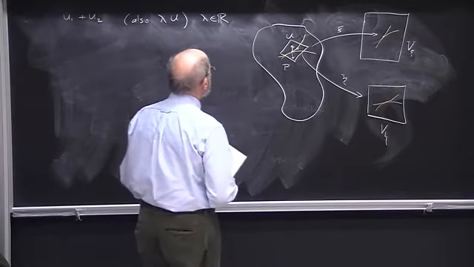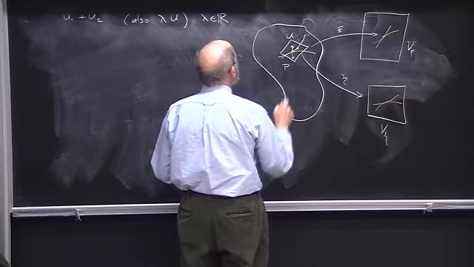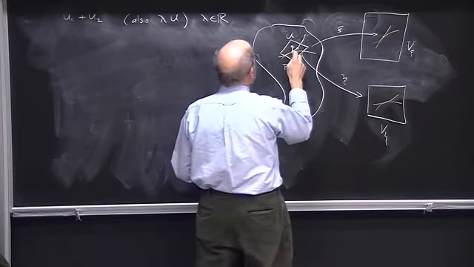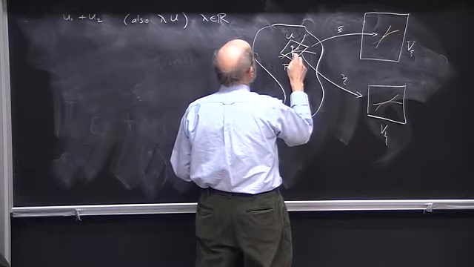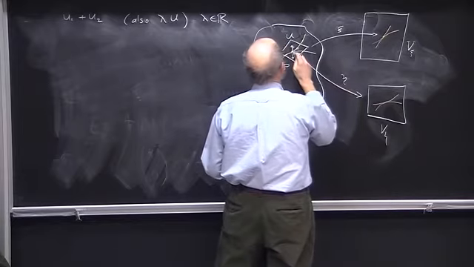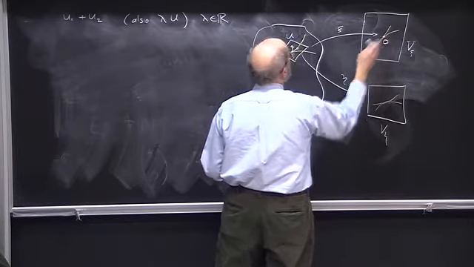Okay, so how do we do that? Basically, what we need to do is associate with every vector at a point P and every chart C a vector at the corresponding point. I'll take that corresponding point to be the origin.